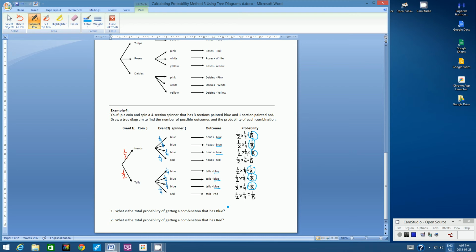So I want you to show your work here. We have 1/8 plus 1/8 plus 1/8. So that takes care of this one, and this one. And let's keep it going. Plus 1/8. That takes care of this one. And 1/8. That's this one.